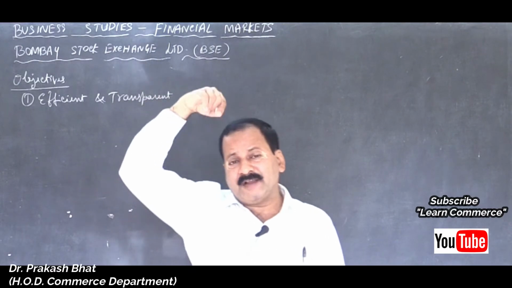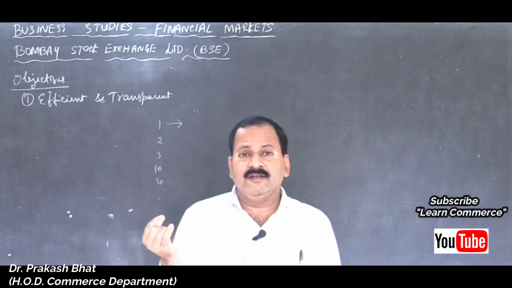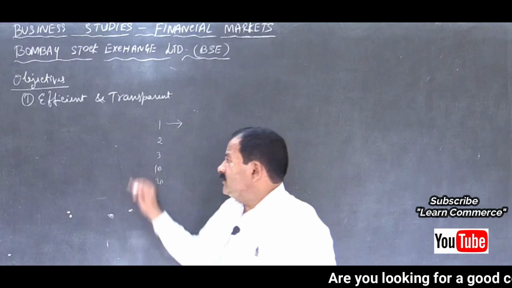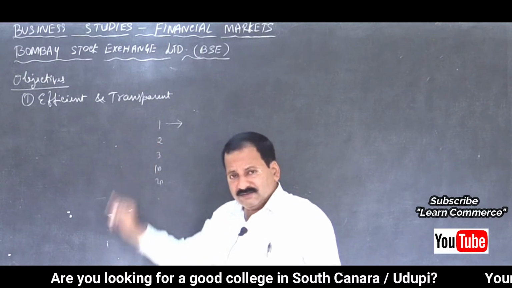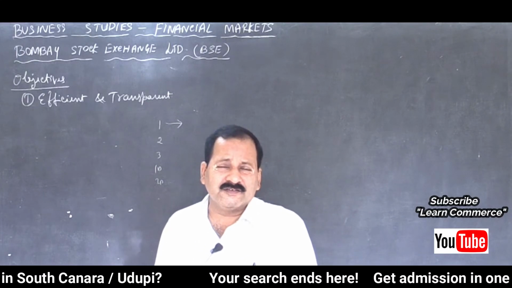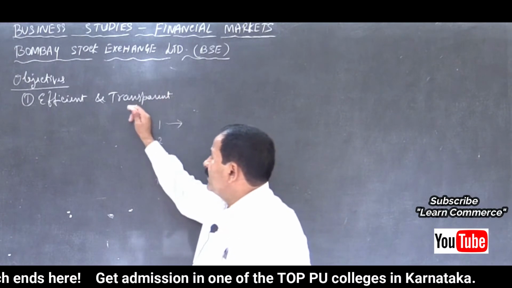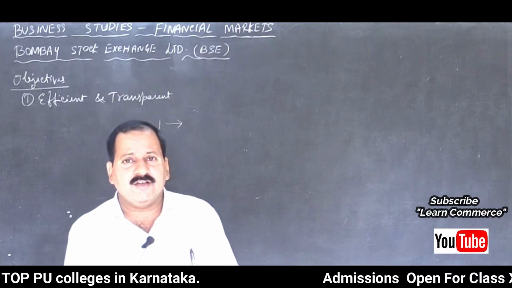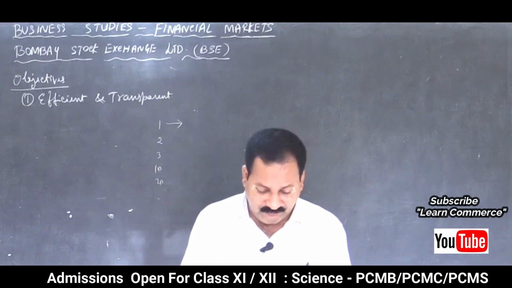The securities prices are quoted depending upon the demand for and supply of the securities. If the supply increases, the rate falls. If the supply decreases, demand increases, then the rate will increase. That is a common feature of any market. So efficient and transparent dealing is to be conducted in the stock exchanges. That was the first and foremost objective of a stock exchange.